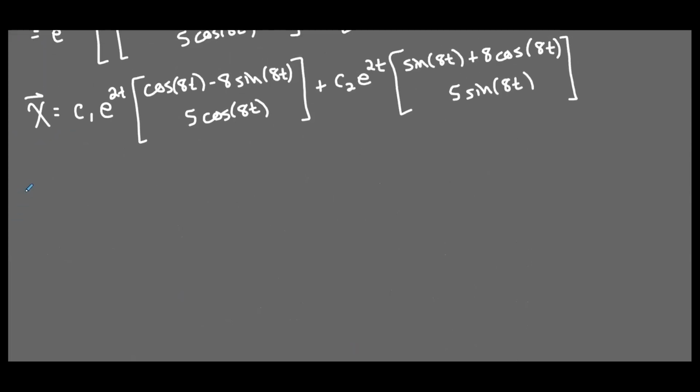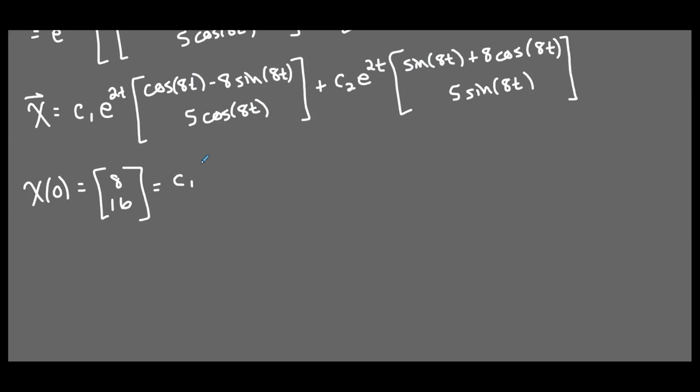So x of 0 was 8, 16. And that's going to be equal to this x where I'm going to plug in 0 for t, right? So e to the 2t will give us e to the 0. So those will be 1. And then sine of 0 is 0. Those are going to go away. And the cosines of zeros will be 1s.